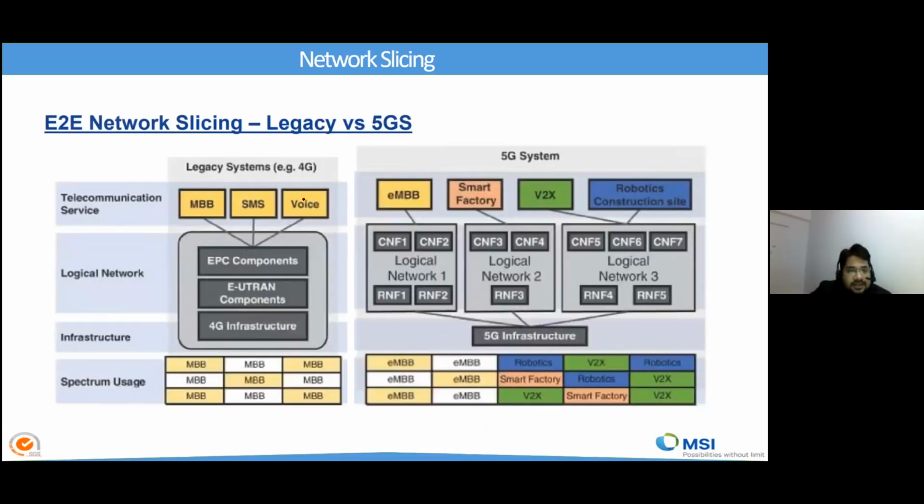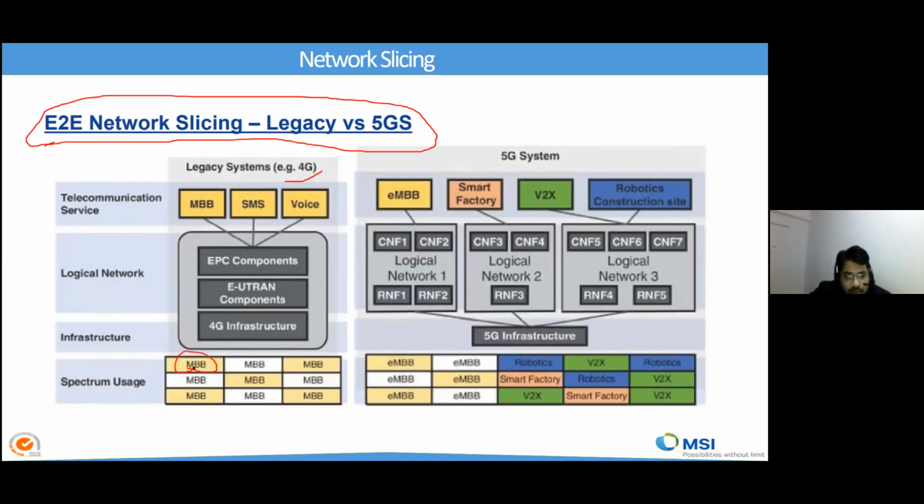Now, if we look at this picture, this is basically an end-to-end network slice for the legacy versus the 5G system. If we talk about the legacy system, for example 4G, then of course 4G was designed to provide the mobile broadband service only, or MBB only, right?